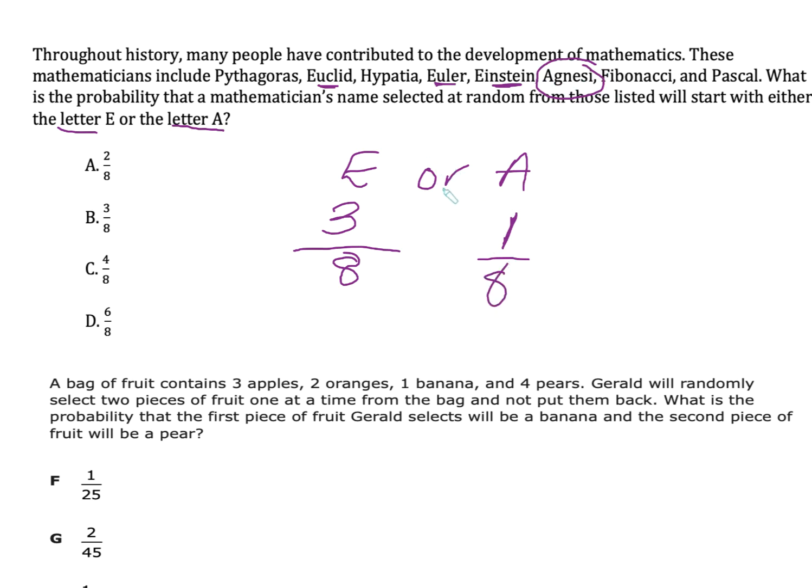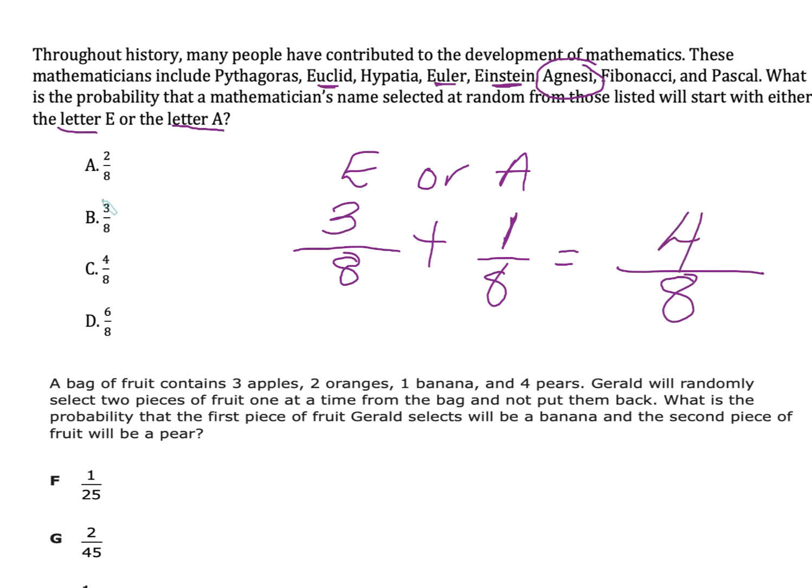Now the word or has a very important mathematical symbol. Whenever you see or, it means addition. So we have 3 over 8 plus 1 over 8. And remember from my fraction video, when the denominators are the same, you keep the denominator and add the numerators. 3 plus 1 is 4. I get 4 over 8.